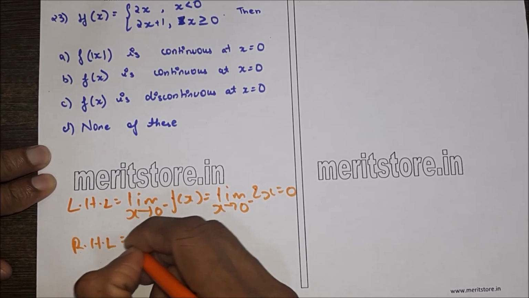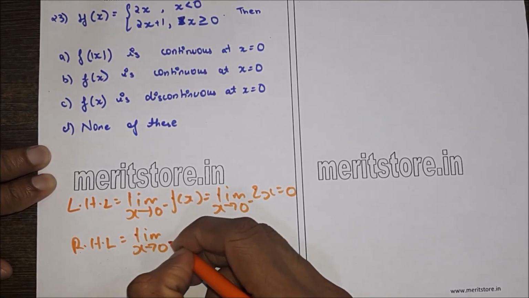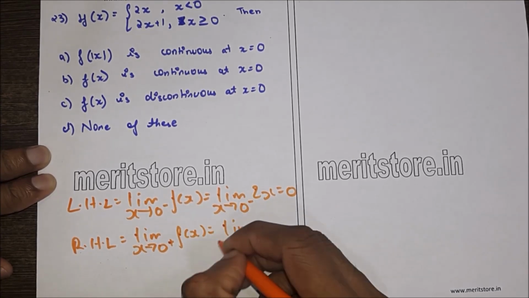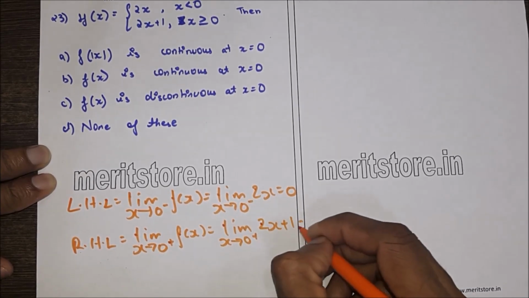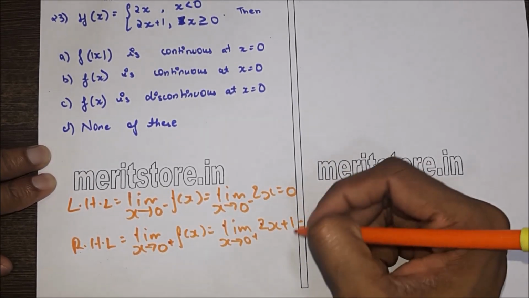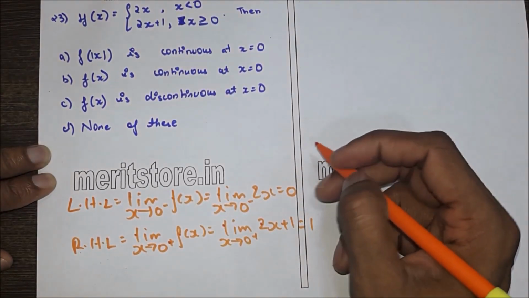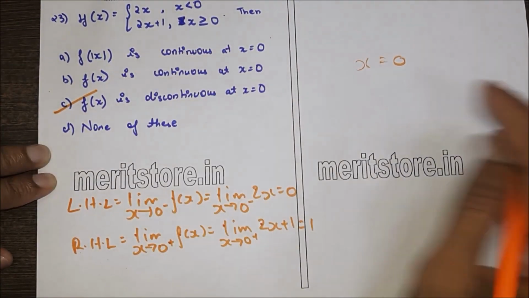RHL equals the limit as x approaches 0 from the right hand side of f of x, which is the limit as x approaches 0 from the right of 2x plus 1, equal to 1. Therefore, we see left hand limit and right hand limit are not equal. Therefore, f of x is discontinuous at x equal to 0, which is our option C, the correct answer.